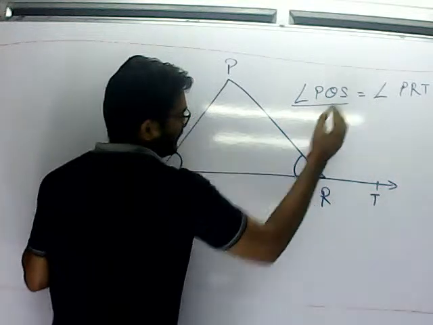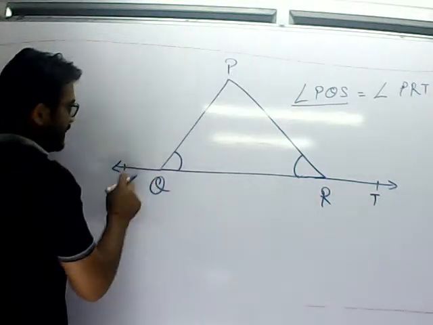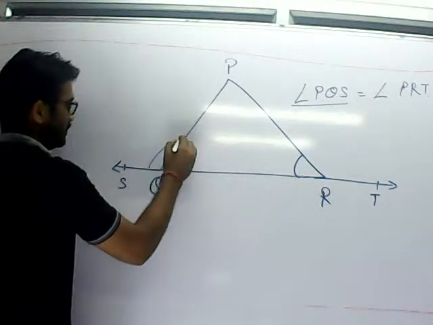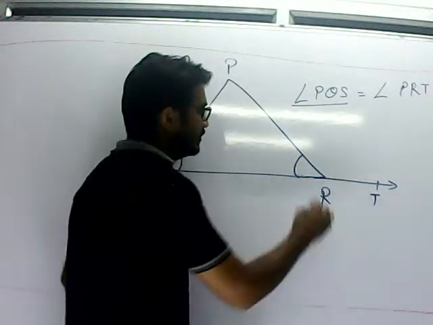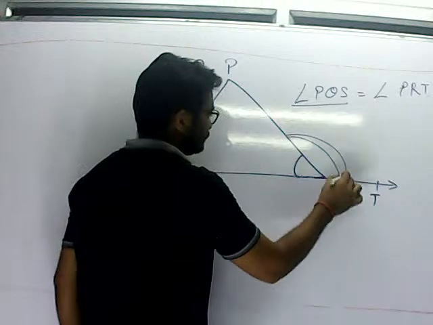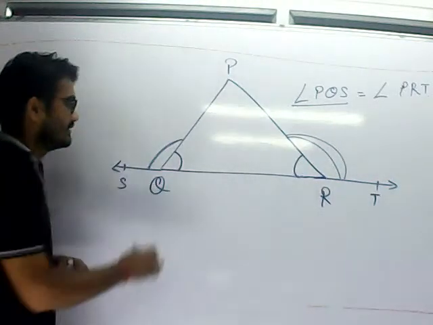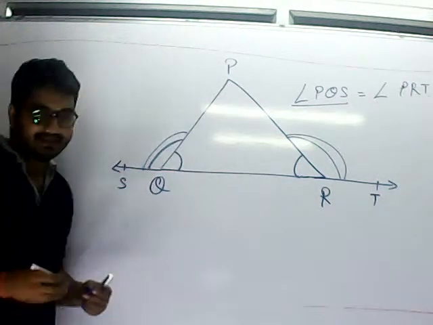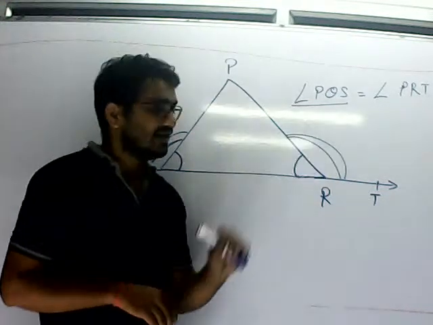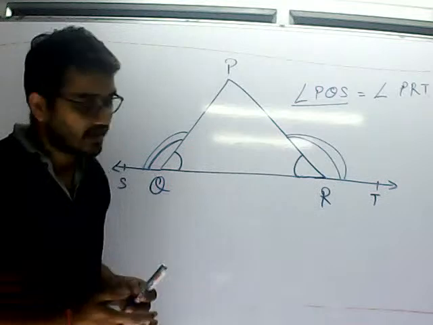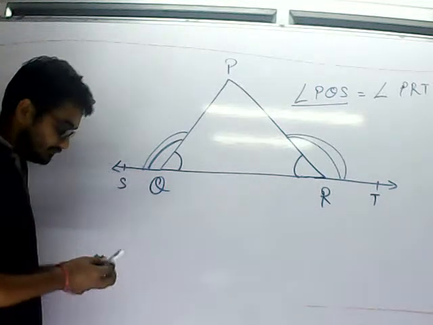Where is PQS? Let us find that. PQS means we are talking about this angle. And where is PRT? So here is PRT. They are saying that these two angles are equal. Now we need to prove these two angles equal. How can we?